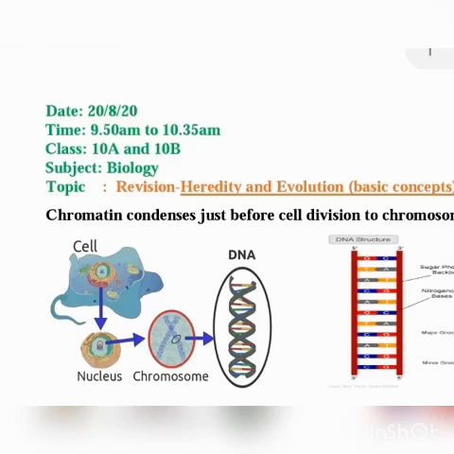In this way they will move to the poles of the nucleus. Then one more division will take place at the poles, and in this way 4 cells are formed. Each cell will contain one chromatid, and one chromatid is one molecule of DNA. So 4 gametes are formed, which contain a haploid dose of chromosomes.